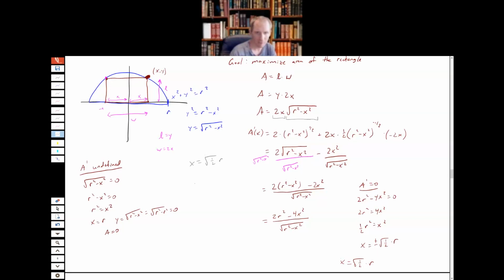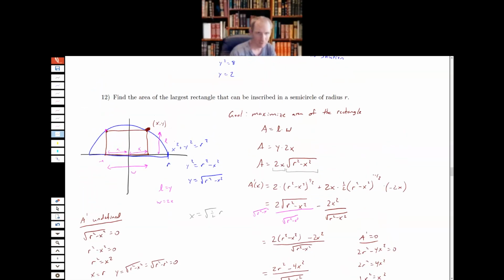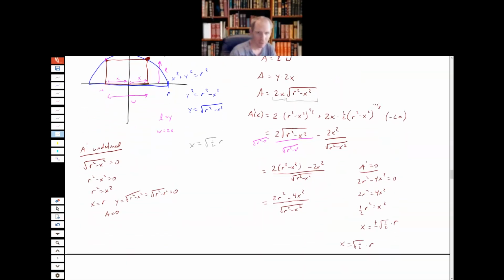So then my area, yes, let's find the area. So then I'm going to look at my area function. So that's 2 times x, so 2 times root of 1/2 times r. And then I have the square root of r squared minus x squared. Well, x squared I know is 1/2 r squared.